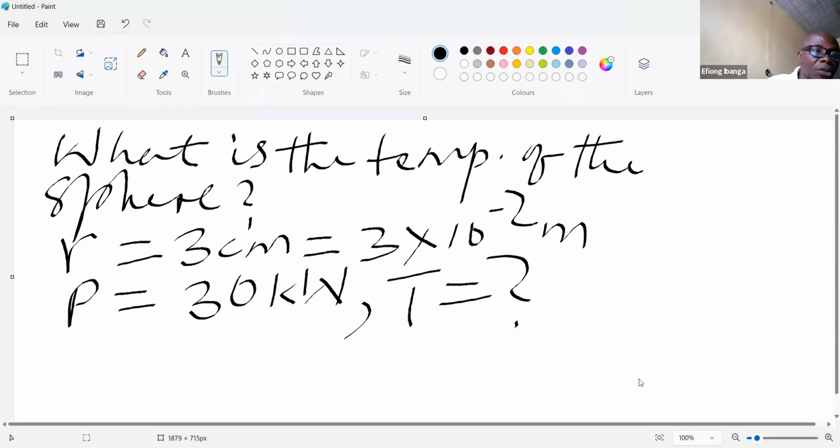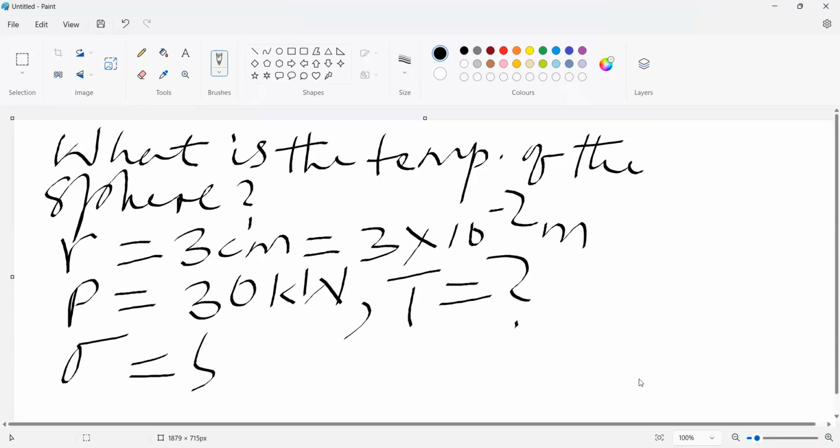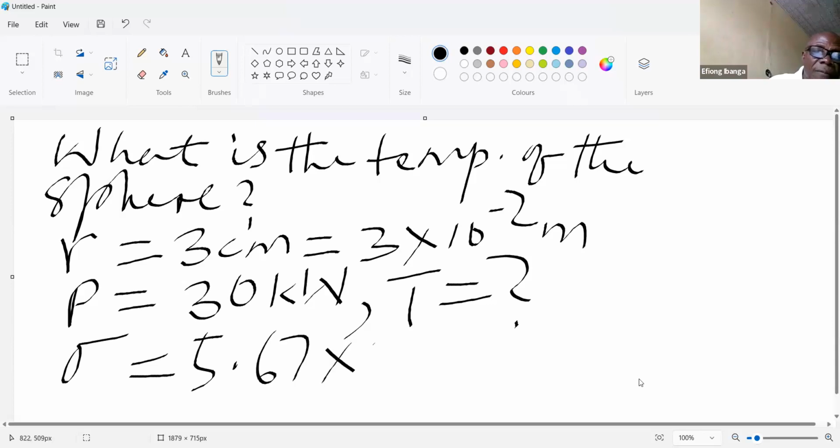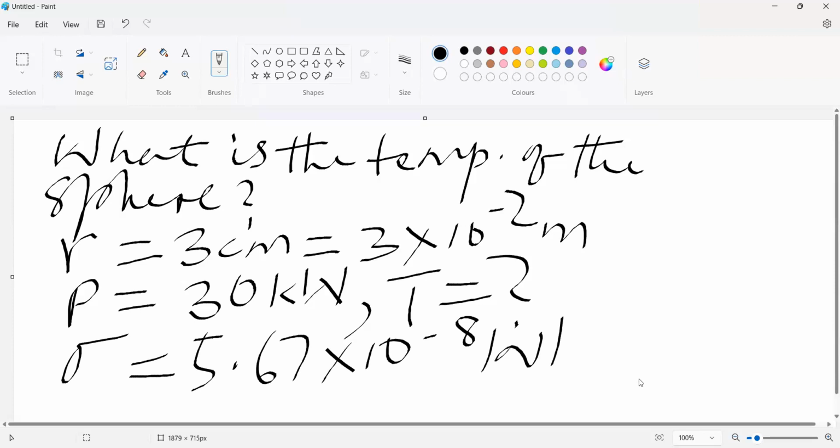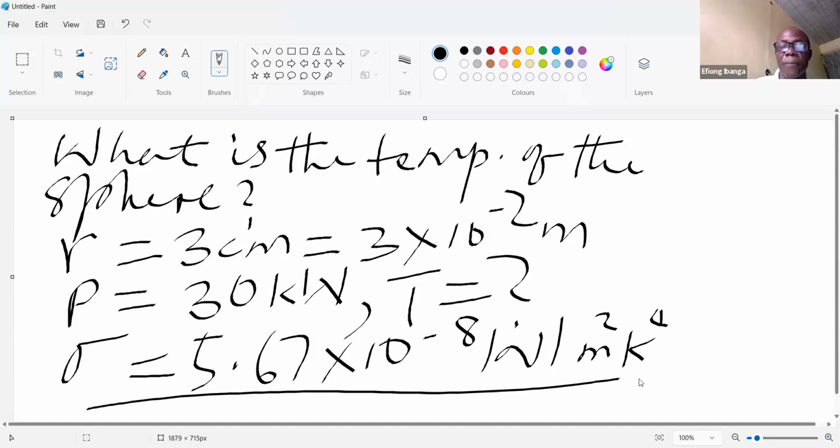Those of you that have used it severally should know it is 5.67 times 10 raised to the minus 8 watts per square meter per Kelvin raised to power 4, like that. Okay, so those are the quantities that you have there. When you are finished, I can take a new screen there.